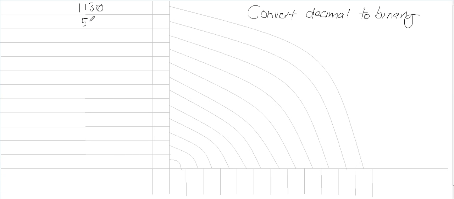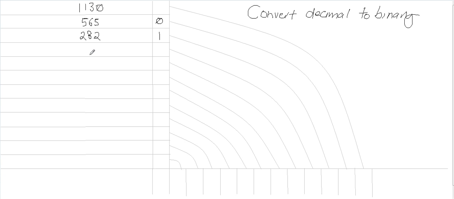1130 divided by 2 is 565. Is there a remainder? No, there isn't. So just put a 0 in our little side box there. Then we divide it by 2 again. 565 divided by 2 is 282, with 1 left over, because it's an odd number.